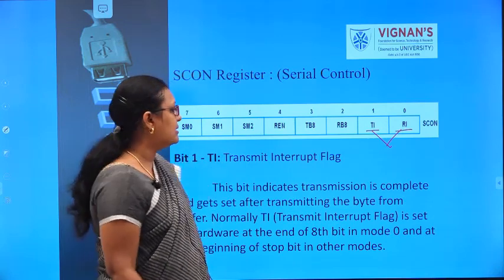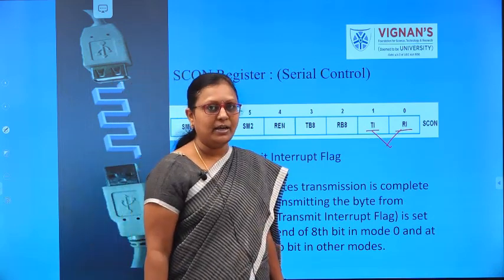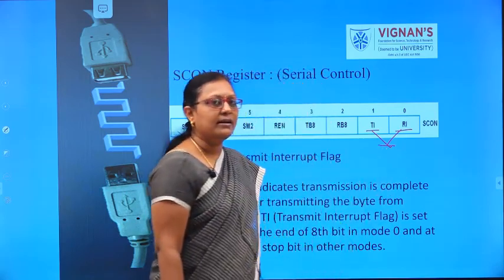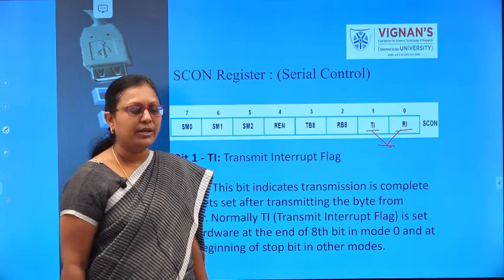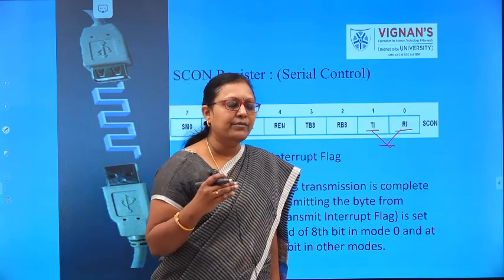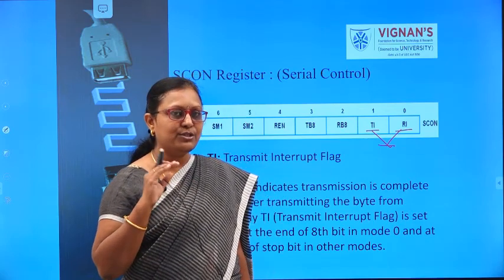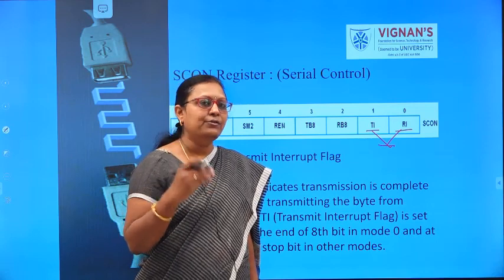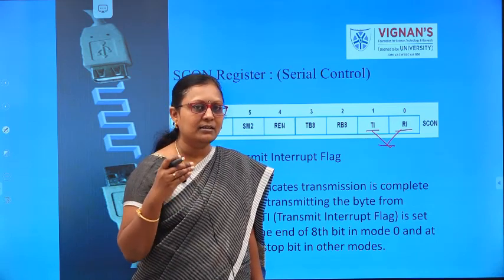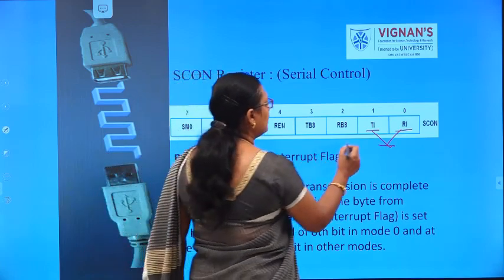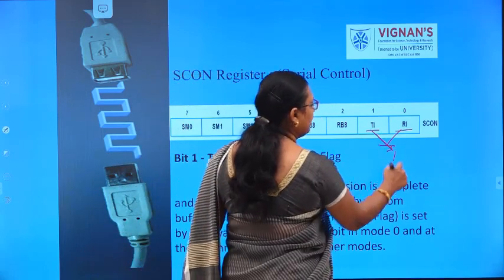TI bit is the transmit interrupt flag, and RI is the receive interrupt flag. Whenever you are transmitting a byte of data, if the transmission has occurred properly, then the TI bit will get set, will become 1.